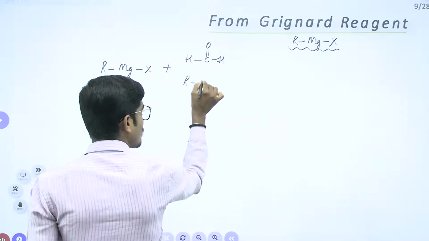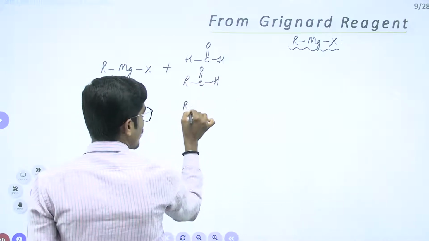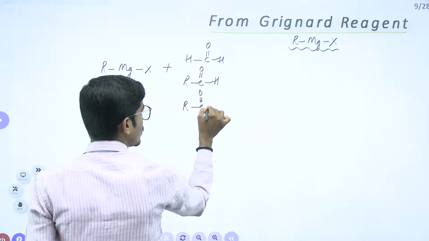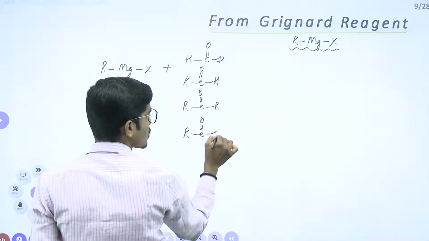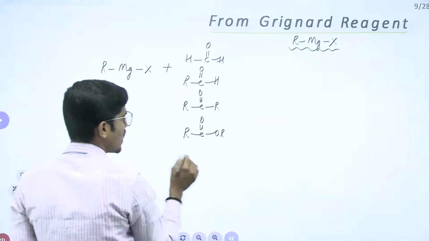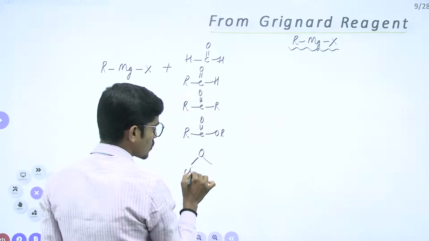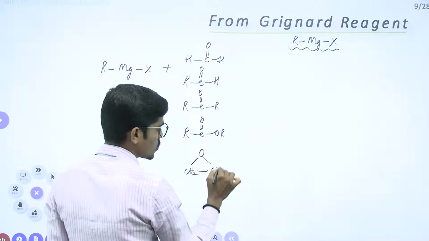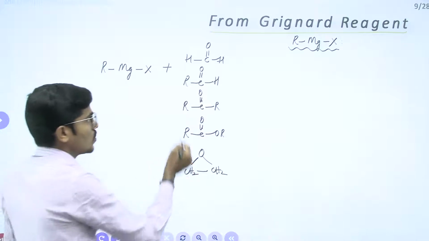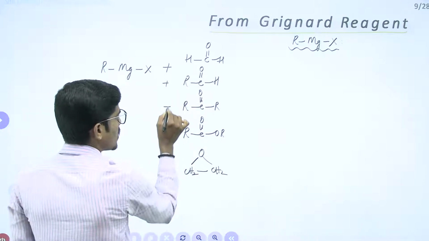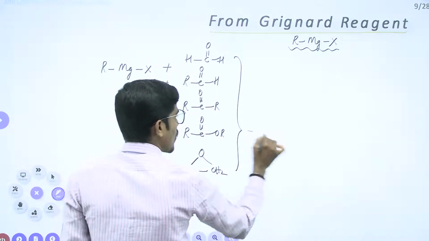Other than formaldehyde, any other aldehyde we can also choose, or ketone, or an ester COOR, or oxirane, that is ethylene oxide, CH2CH2O, an epoxide. In all these cases, when a Grignard reagent is treated with this compound, the product is alcohol.